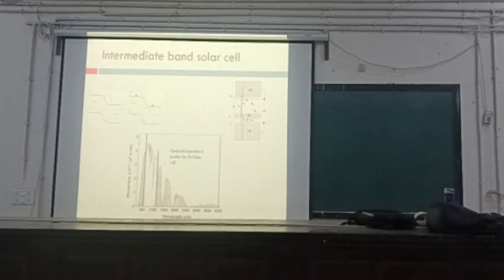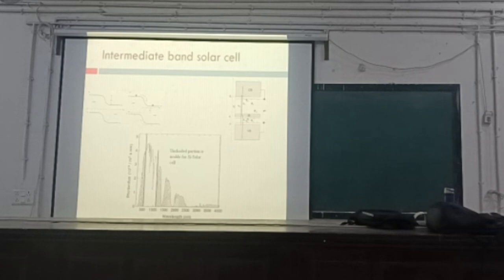But if you can make some states within the band gap, such that 2 such photons, in 2 steps, excite the electron from the valence band to the intermediate band, and from the intermediate band to the conduction band, then 2 photons that were both being transmitted are now generating 1 pair of electron and hole. So then you can get more current or voltage.